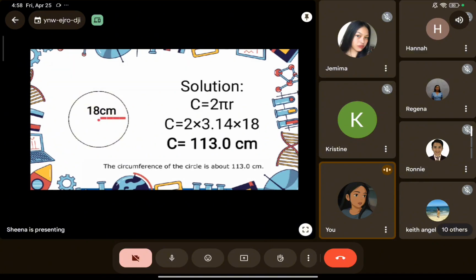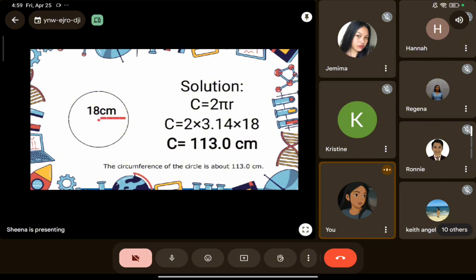Next slide. So, Jemima's answer is correct. The answer is 113.0 cm. Our solution: first, the formula, circumference equals 2 pi r.